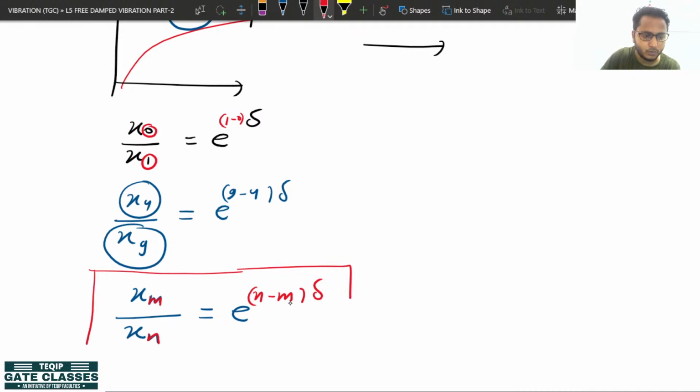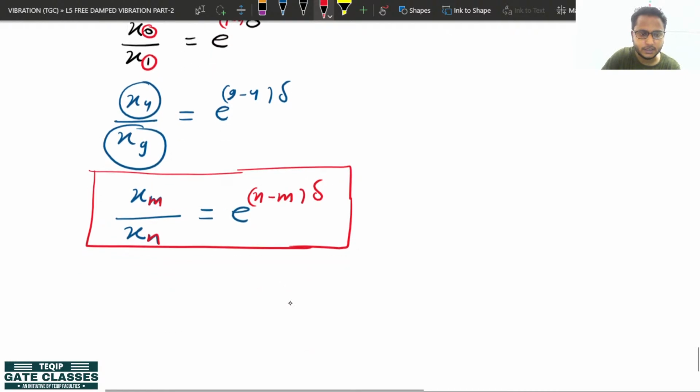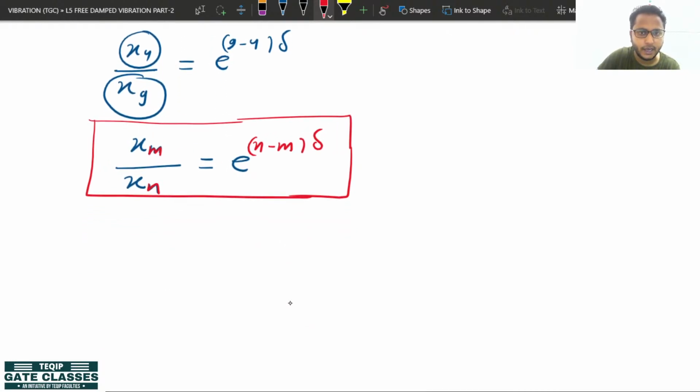But you have to understand what xm is known as and what xn is known as. Xm is known as the amplitude at the start of the mth cycle.